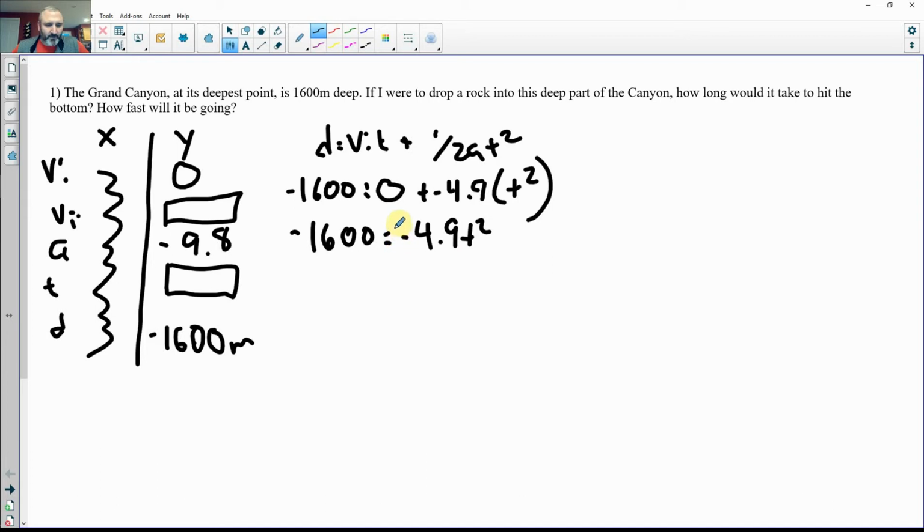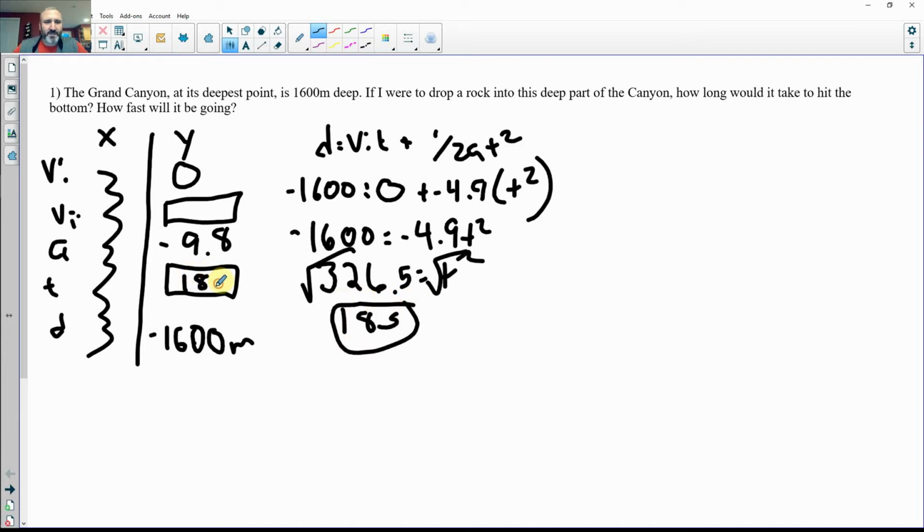We can do that on the calculator, divided by negative 4.9. So 326.5 equals T squared. We don't want T squared, we want T, so we'll take the square root of both sides. And that should be about 18 seconds. So that's how long it's going to take to fall, 18 seconds.